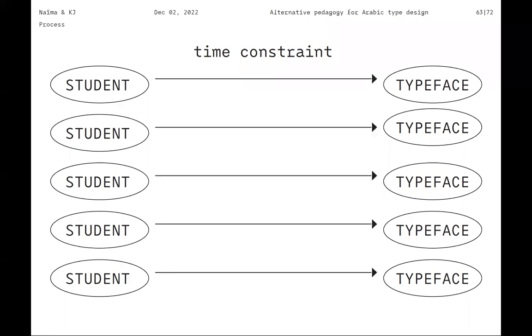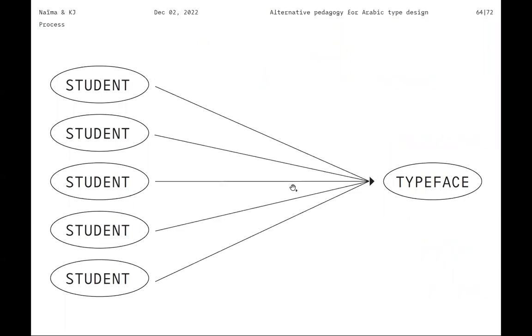But I think if we want to make the most of this short time, we could actually do collective work, which is a great way, I think, to understand how much of a coherent system type design is, and really grab a sense of that.